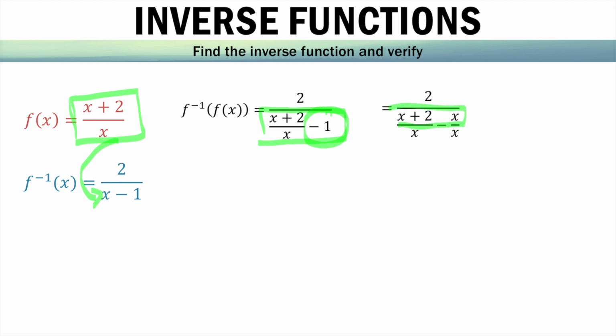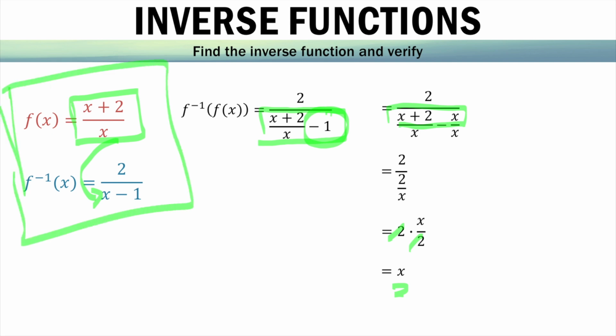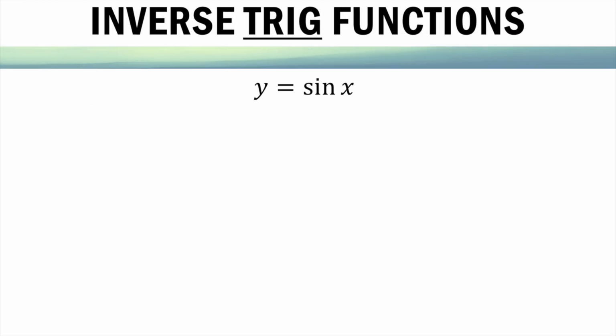Now I combine those two. So x plus 2 minus x is just 2. Flip and multiply. Those 2's cancel, and we're left with x. So we have indeed verified that f of x and f inverse of x are inverses of one another.